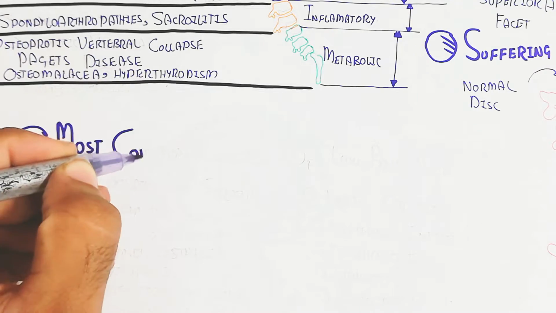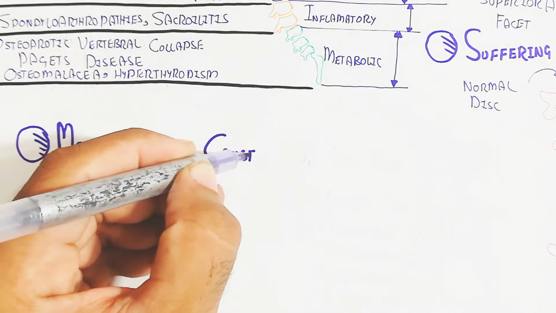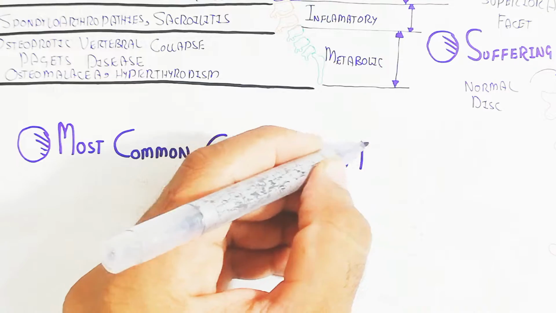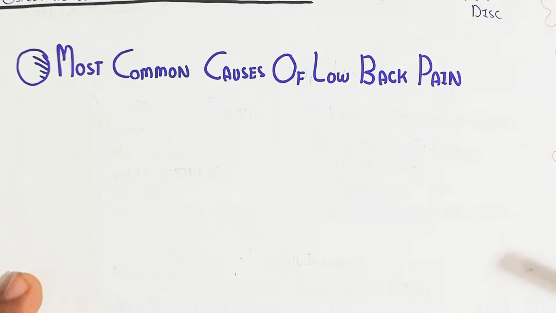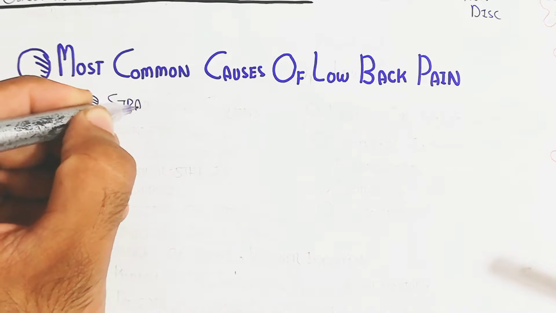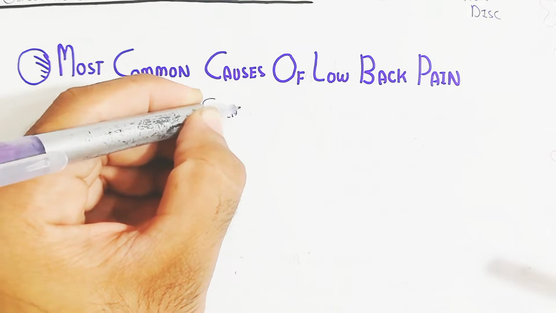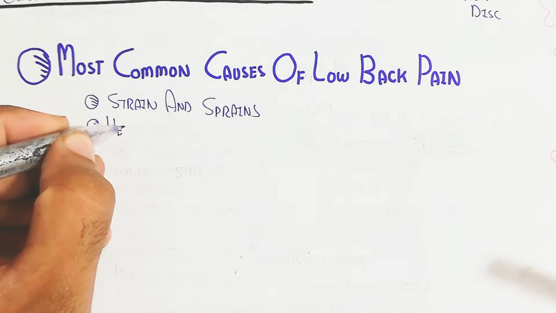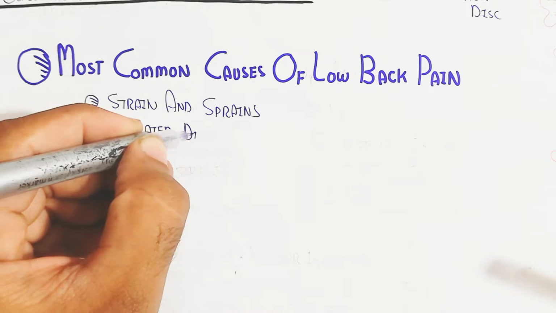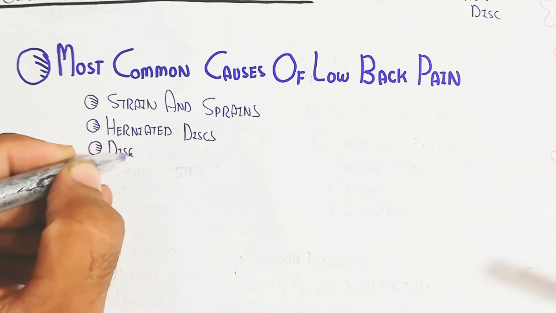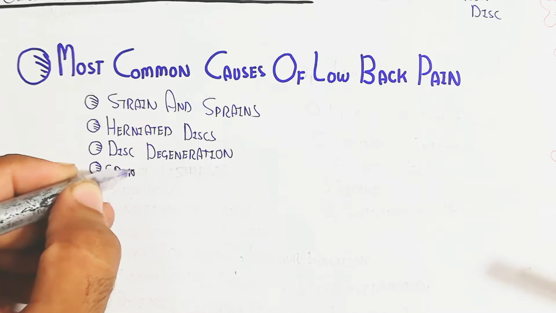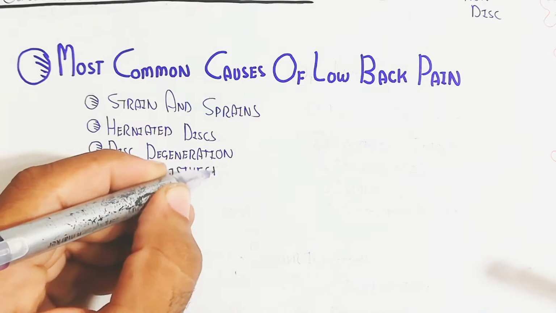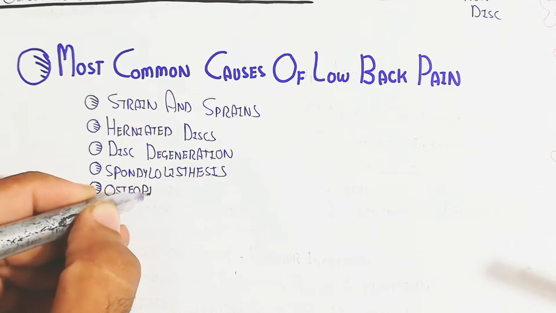The most common causes of low back pain are, let's begin to understand, strains and sprains, herniated discs as shown in the diagram, disc degeneration, spondylolisthesis, and osteoporosis.